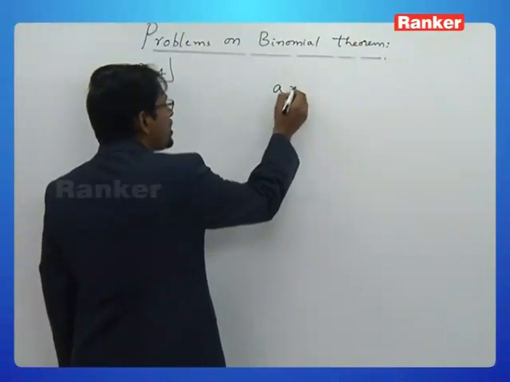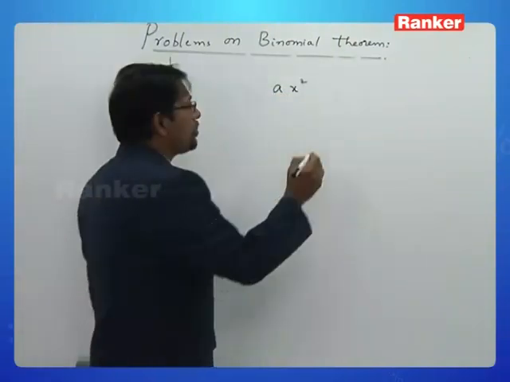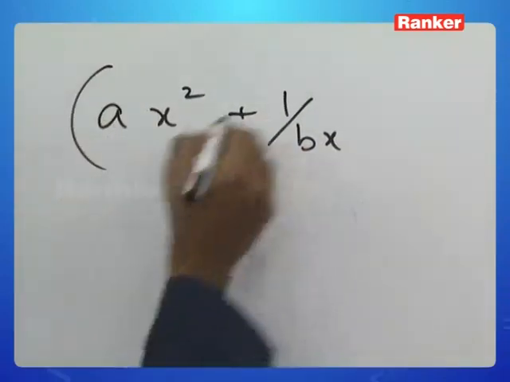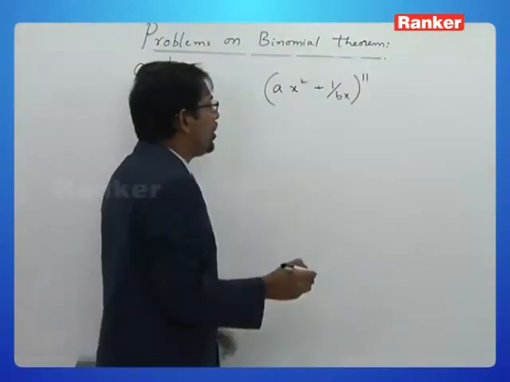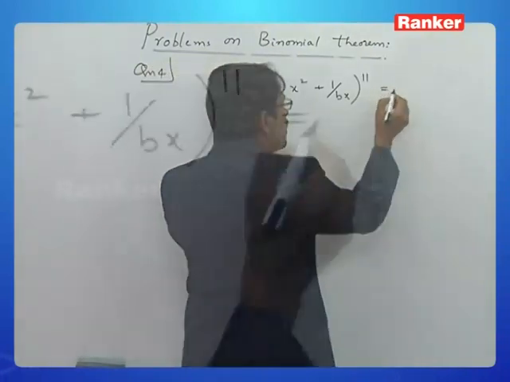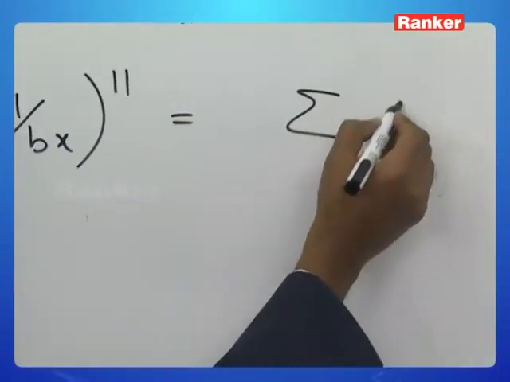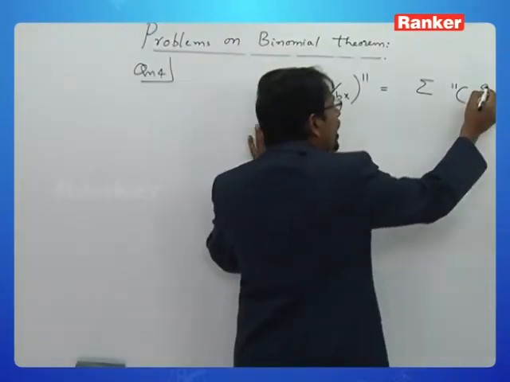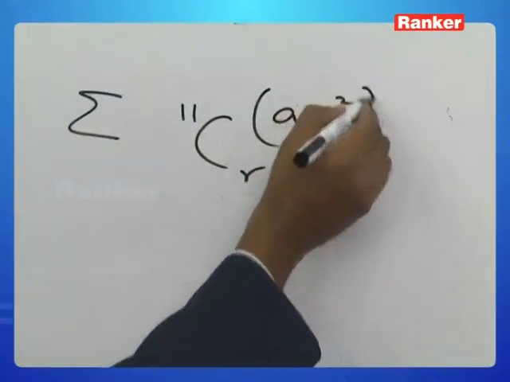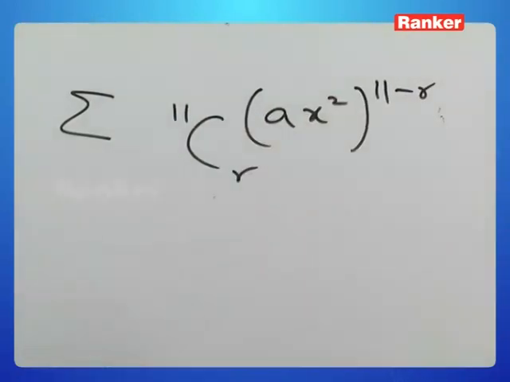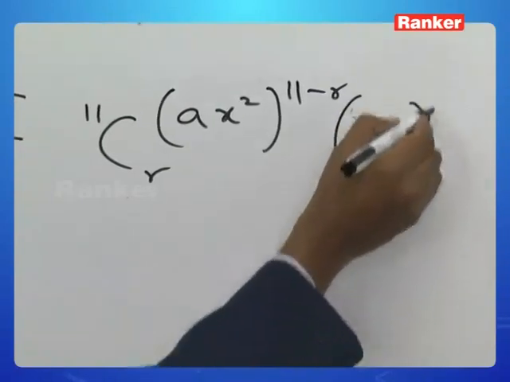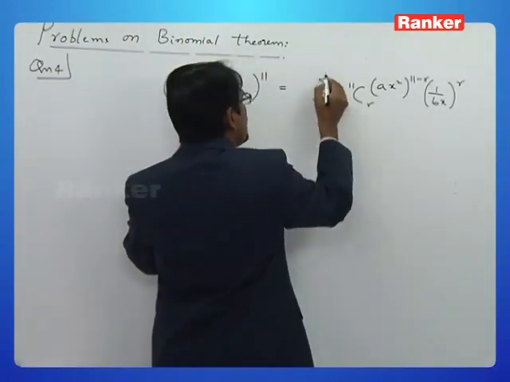We have two expansions. (ax^2 + 1/(bx))^11 we can write in the form of 11Cr into (ax^2)^(11 minus r) into (1/(bx))^r, r ranging from 0 to 11.